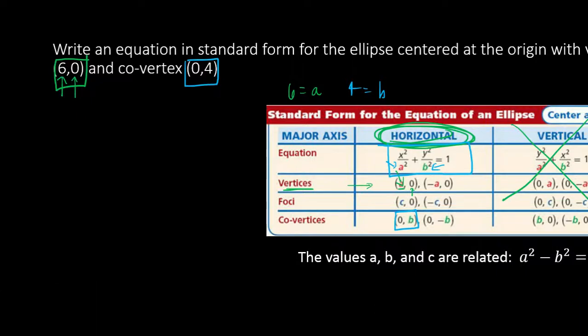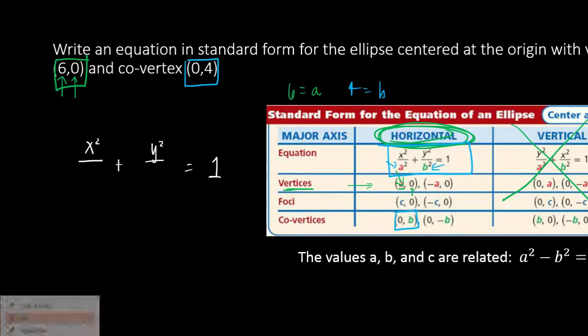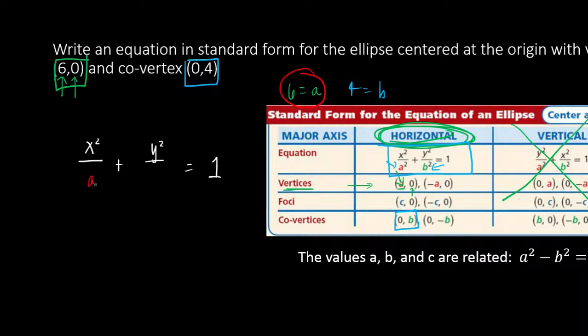Meaning, if I write out x squared over, leave that blank for now, y squared over, equals 1, so this is the skeleton, I can fill in the rest already, right? So I know that 6 is a, so I'll write a squared, and I know that b is 4, so I'll write 4 squared.